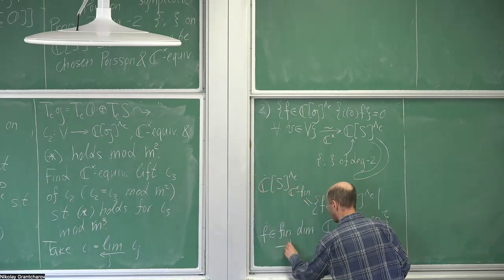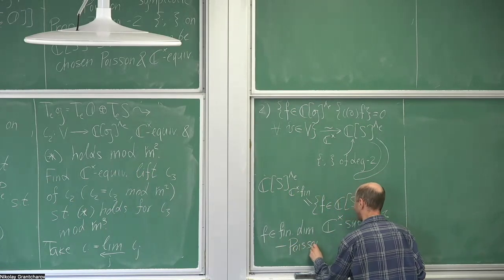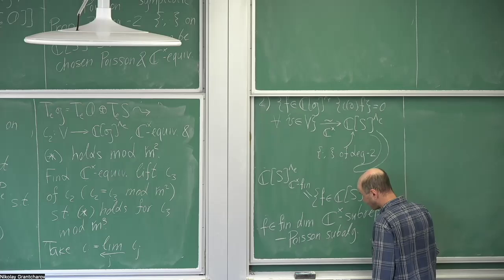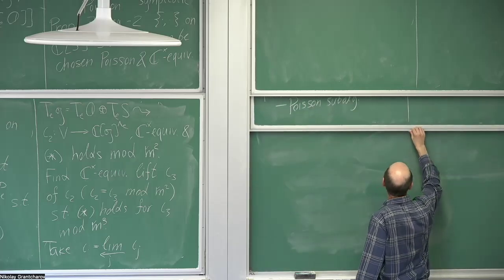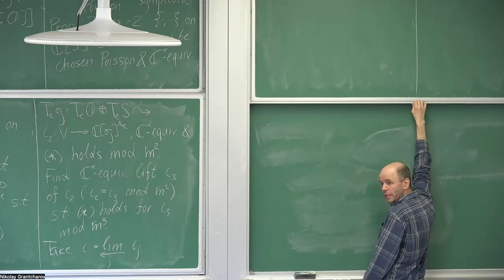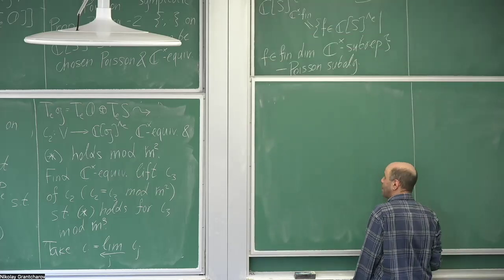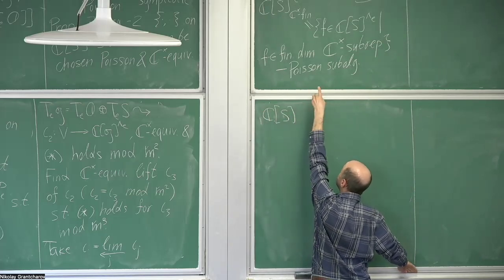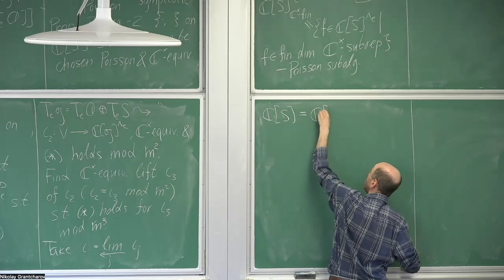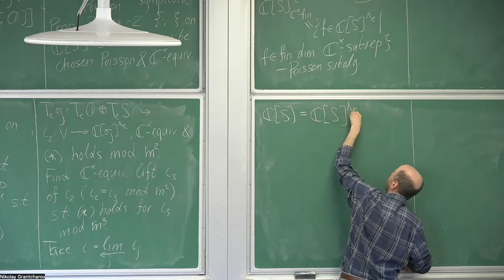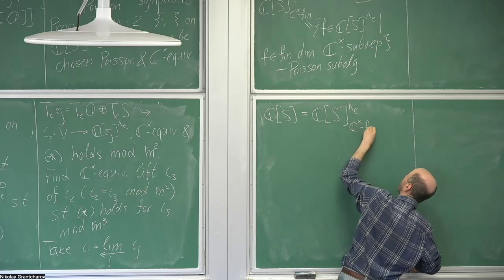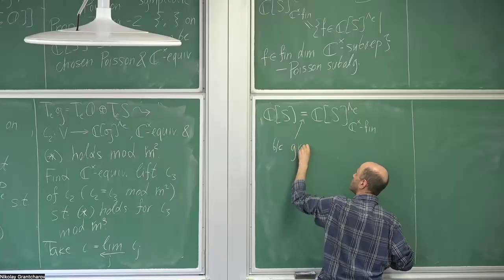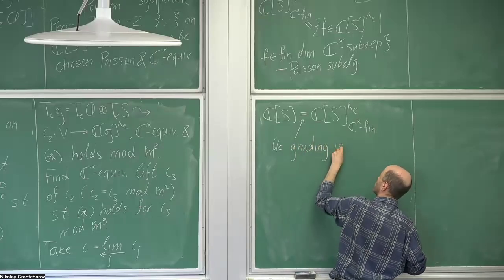It's a Poisson subalgebra. That's in fact what we need. It turns out that C of S, which a priori sits inside of the subalgebra, is actually equal to it. And this is because the grading is positive.